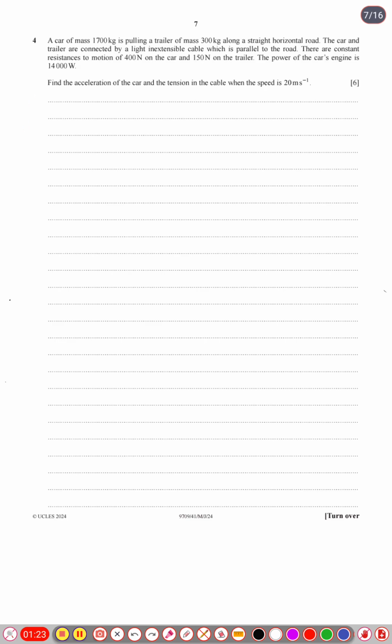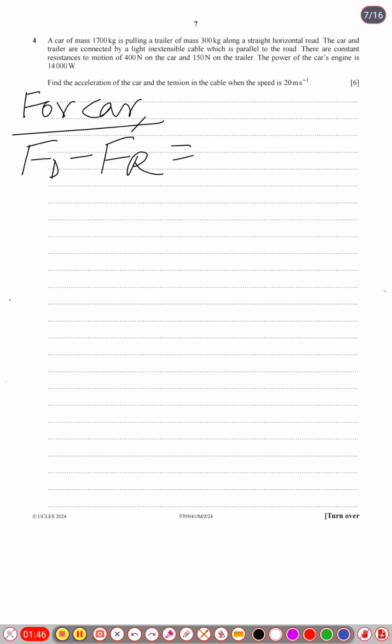First, for the car, as there are two objects, we will have to start with the car. Well, we know the most applied Newton's formula is driving force minus resistance force is equal to mass into acceleration.